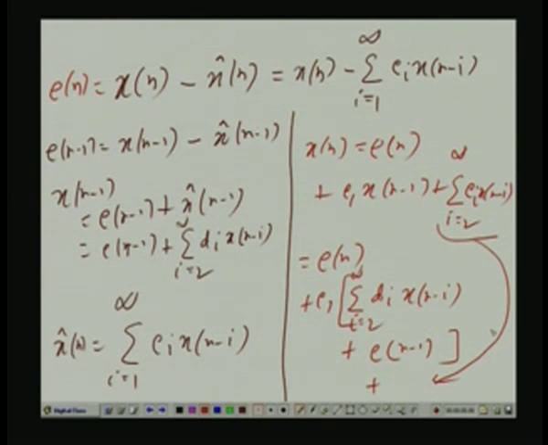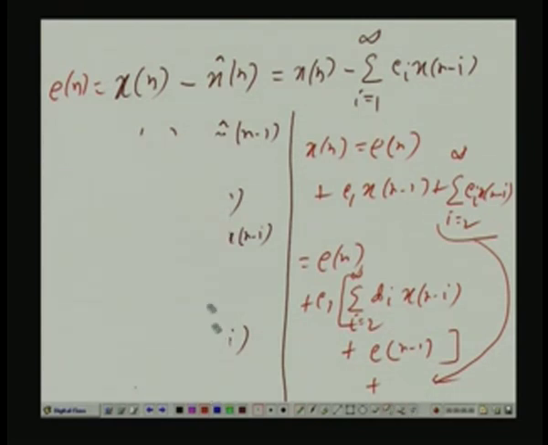So, essentially x n is given by what? If you do this exercise again and again, I hope you are understanding this. I just repeat briefly what I am doing. First I wrote this error E n as x n minus x cap n. X cap n was a linear combination of the past of x n. Out of that I pulled out x n minus 1, and other terms are kept as they are.